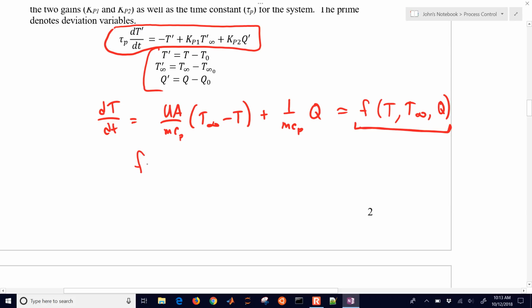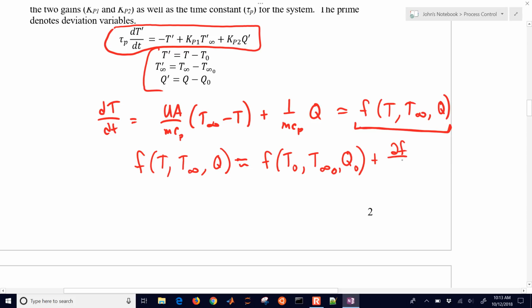Just to review that formula, if we have a function of 3 variables, it is approximately equal to the function at the nominal conditions, T naught, T infinity naught, and Q naught. Then we add the derivative with respect to temperature, plugging in the nominal conditions, times T minus T naught.